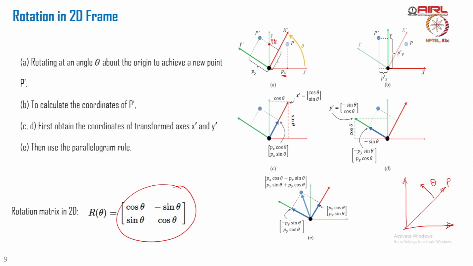Now when we rotate this entire system with an angle theta, then what happens? Then the new vector is here. We can check from this particular figure that when the new point P hat is projected on the new axis, then this particular term becomes the x coordinate in the transformed coordinate system, and this particular point becomes the y coordinate, which is shown here.